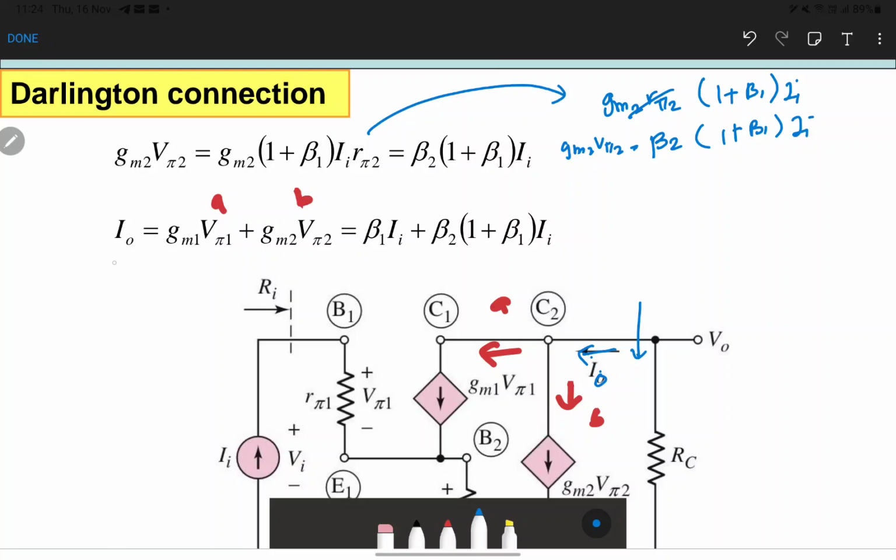So for the total I out, we replace the gm V pi that we just found, then we replace the equation for gm2 V pi 2 that we just found. Then we get I out equal to beta 1 I plus beta 2 times 1 plus beta 1 I. This is the formula to find the total output current.